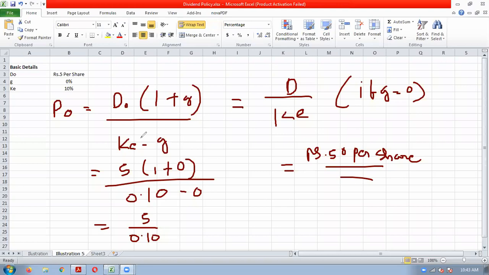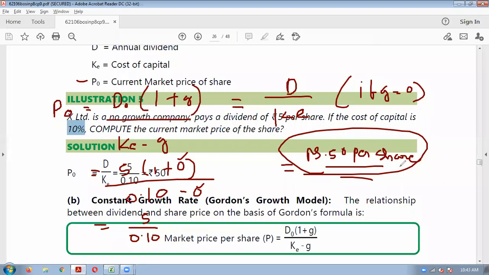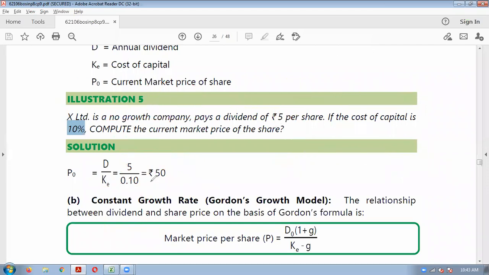Note down how you have to solve this Gordon growth model. Gordon growth model formula: D0 (1 plus G) divided by K minus G. Since here G is 0, this will be 0, and here minus G will also be 0. So what will be left? 5 divided by 0.10. So the answer will be 50 per share as the market price.